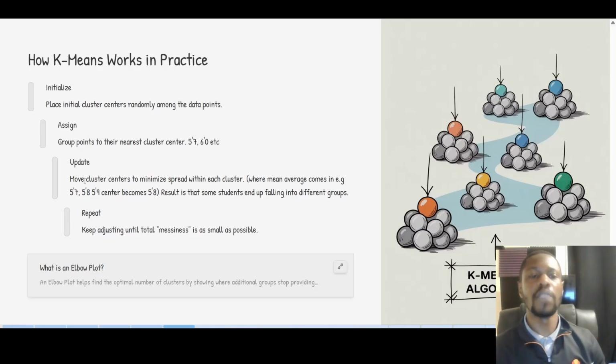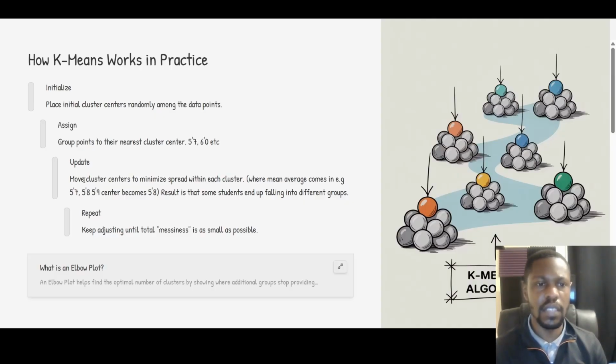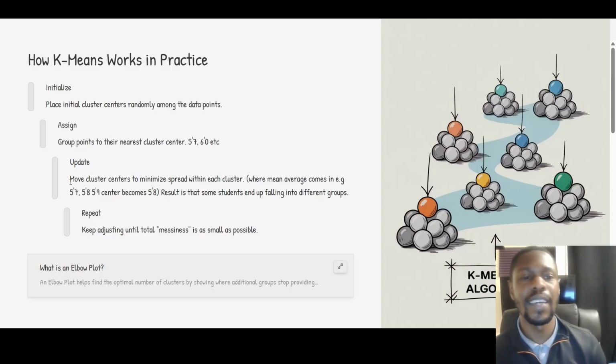After we've done that, we update our clusters. We review our clusters and see how we can ensure that this data is more organized and that we have the least variance within groups and a good level of variance between groups.